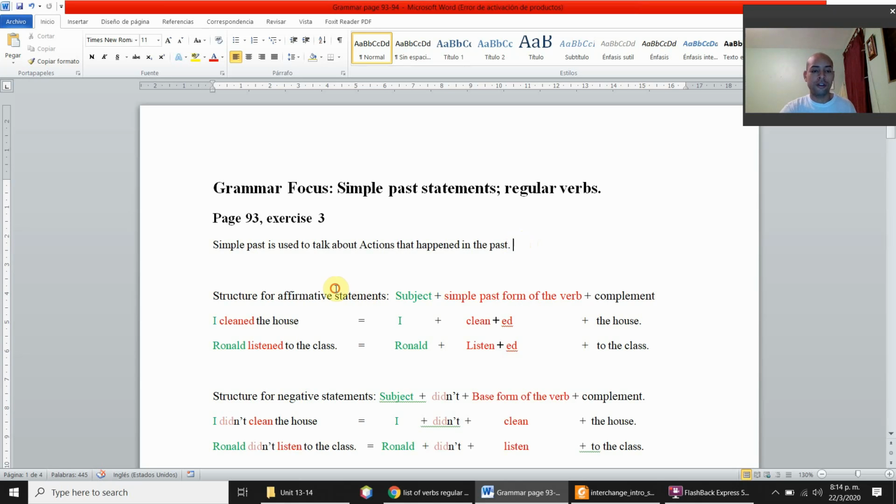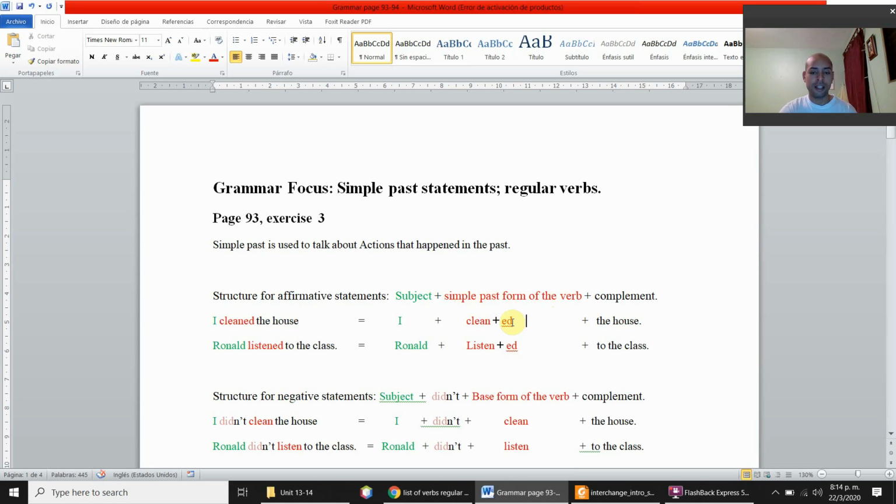So now the structure for affirmative statements is this: subject plus the simple past form of the verb plus the complement. Now, the simple past form of the verb is not the same as the present form of the verb.